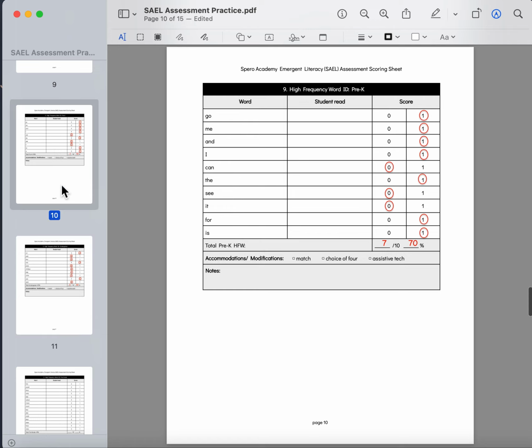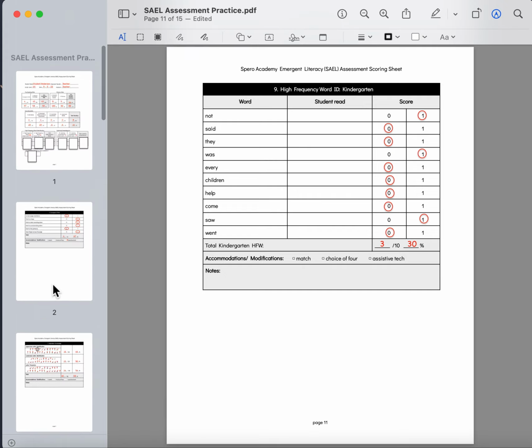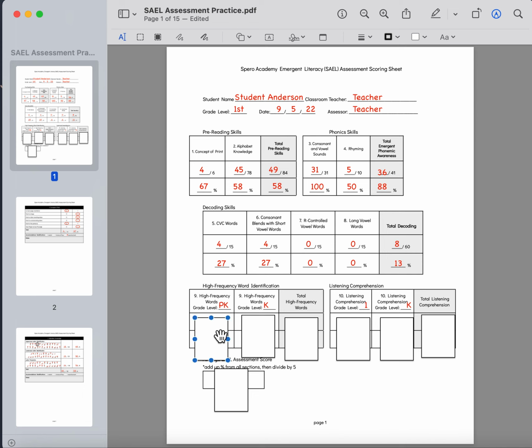And so this student is 70% on that pre-K and 30% for the kindergarten. I'm going to go ahead and put both of those scores up here because I think that it's good information. I messed this one up. Sorry. This should be 70%.